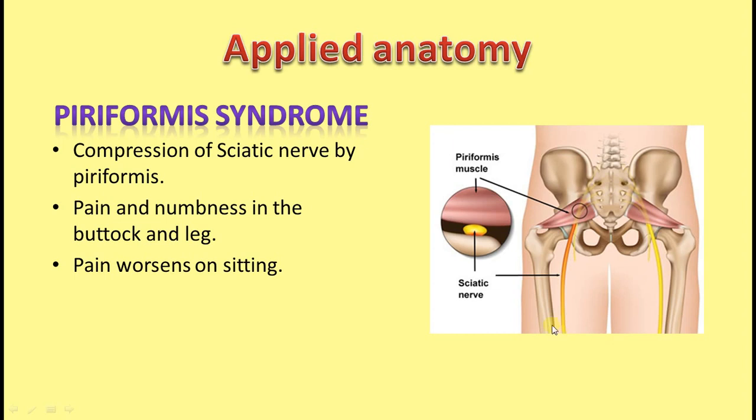That is called piriformis syndrome. The main cause is trauma, any injury or spasm of this muscle, or overuse of the piriformis. They are all short lateral rotators. So overuse of these muscles, trauma or spasm might lead to compression of the sciatic nerve.